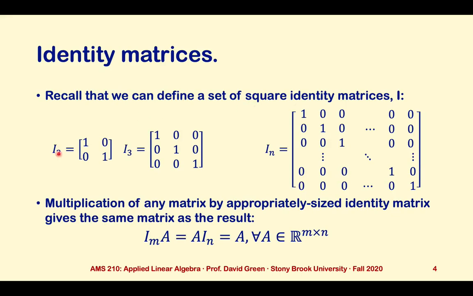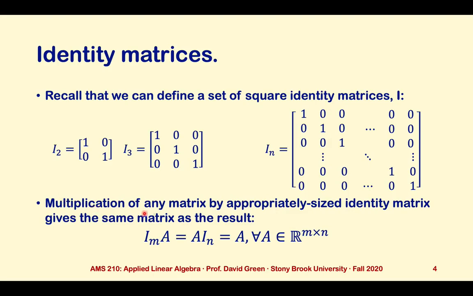Sometimes, when we need clarity on the size, we use a subscript to identify what size identity matrix we're working with, but we very often leave that subscript out when it's obvious from the problem or irrelevant to the problem what the size of that matrix is.